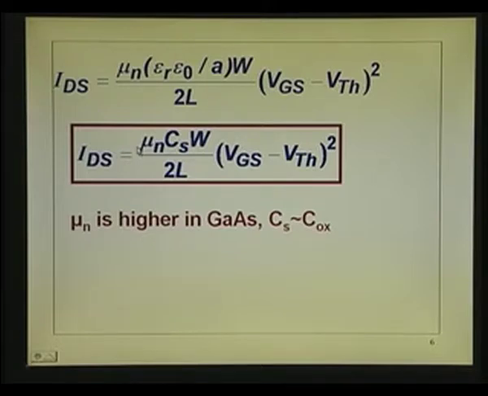So, this tells you that you will get IDS larger for a given voltage swing VGS, the voltage VGS with threshold would be representing the voltage swing.